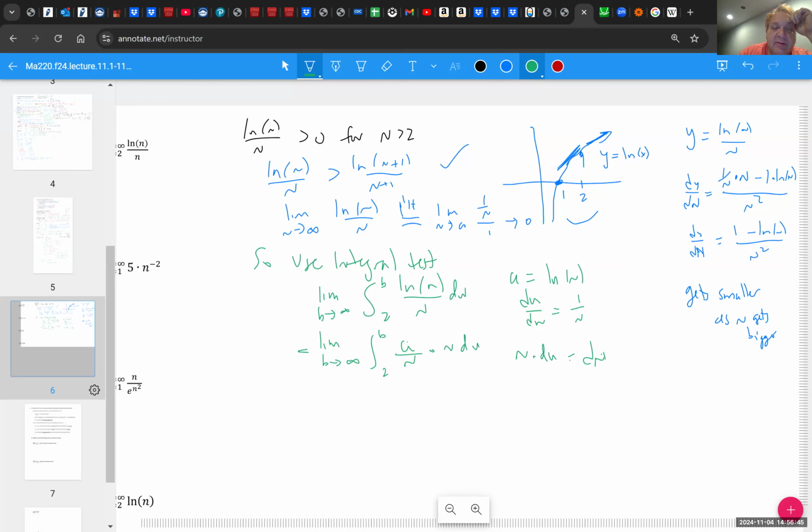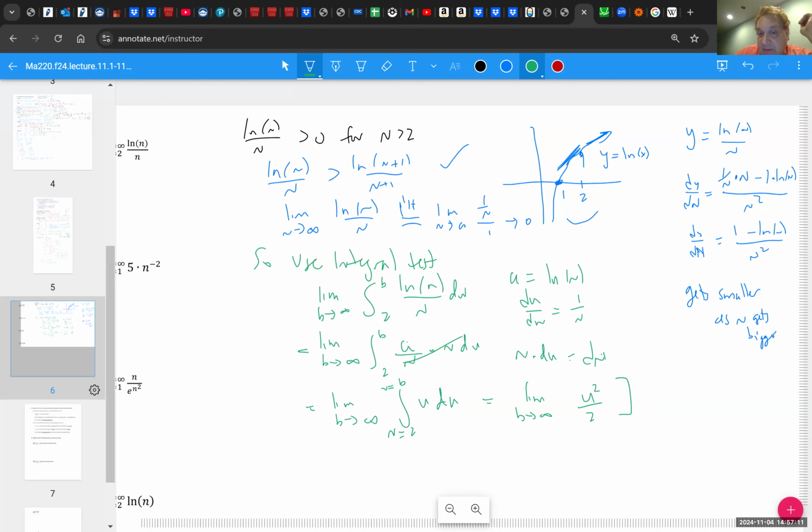So this becomes n du. The n's divide out, and you end up with the limit as b goes to infinity. These are still n values, by the way, n equals 2 to n equals b. And here the n's divide out. We get u du, which we know the antiderivative of. The integral of u is u squared over 2, or 1/2 times u squared.